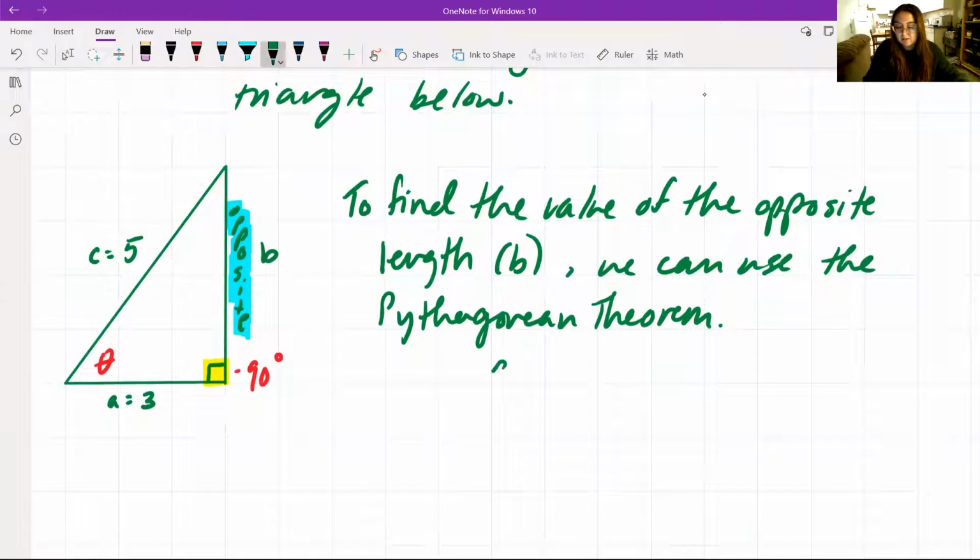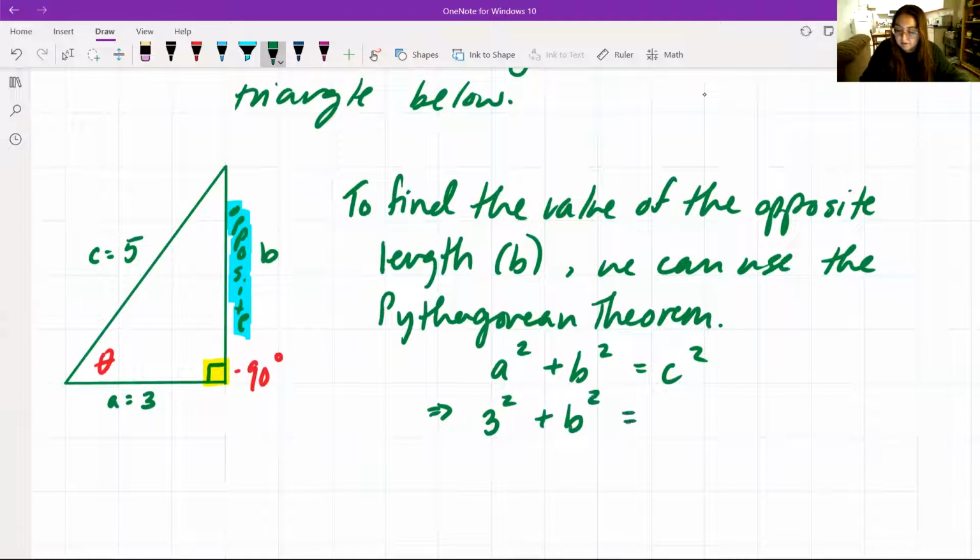So we know our Pythagorean theorem states we have a squared plus b squared is equal to c squared, where we have our values of a and c. So if we plug those in, we get 3 squared plus b squared is equal to 5 squared. Then 3 squared is 9 plus b squared is equal to 25.